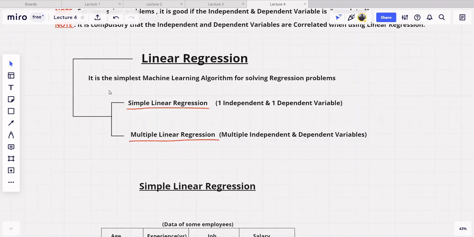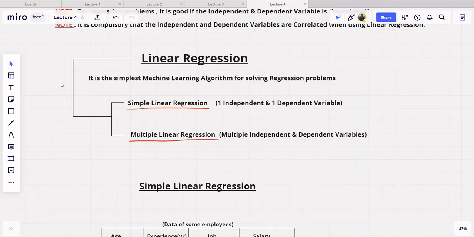Now there are basically two versions of these algorithms. The one is called simple linear regression and another is called multiple linear regression. The major difference between these two versions is in the number of independent and dependent variables they can handle.